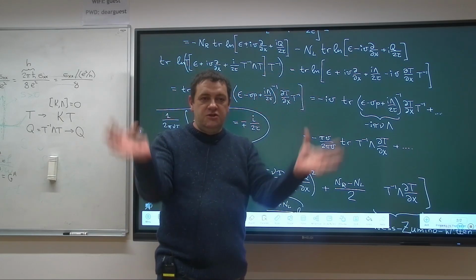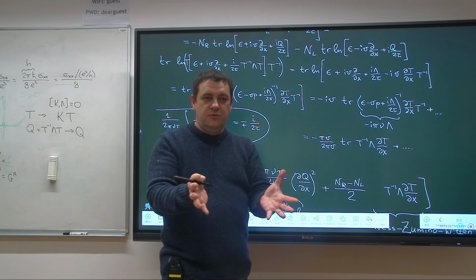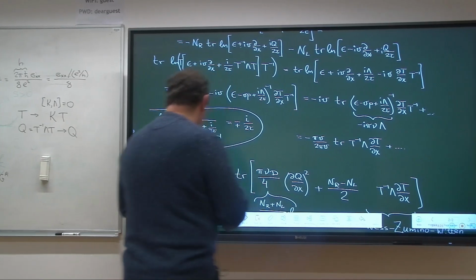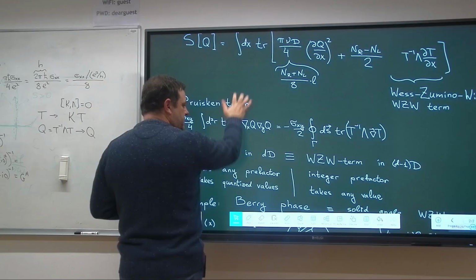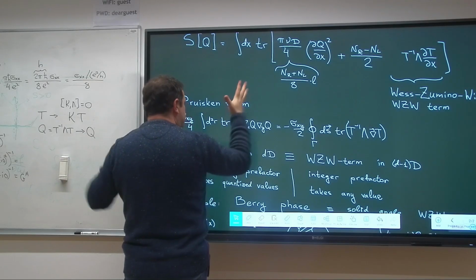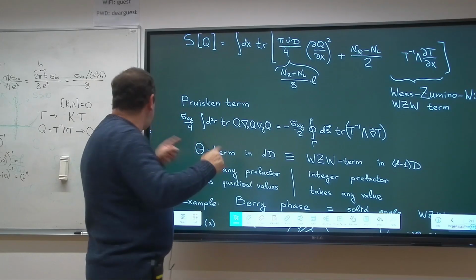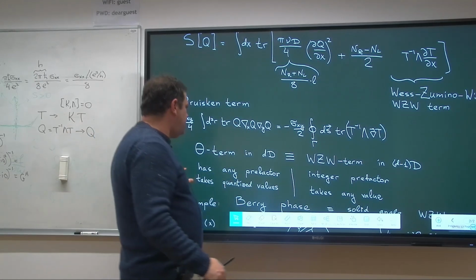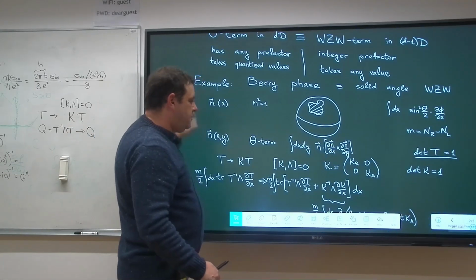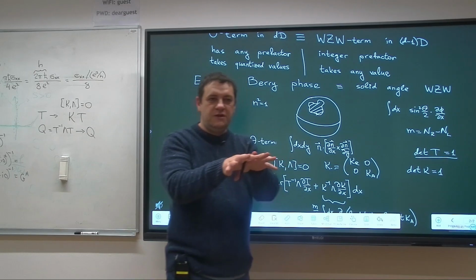It doesn't change the sigma model in the end. The sigma model is just the same, but this is a subtle point. And whenever the determinant of T is 1, the determinant of K should also be 1, and the determinants of K retarded and K advanced should multiply to give 1.